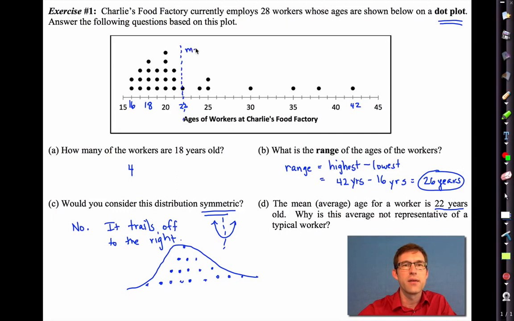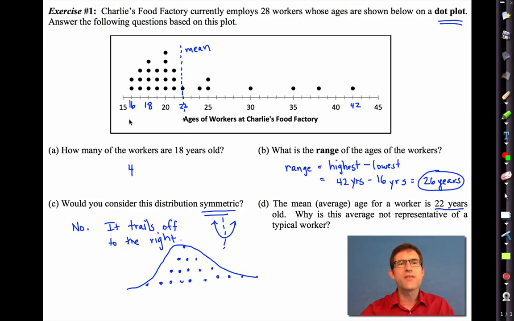Now, very often we use averages or means to represent a typical data value. It's what's called a central value or a central tendency value. But here I'm claiming that it's not representative of a typical worker. Why do you think that is? Let's take a look.